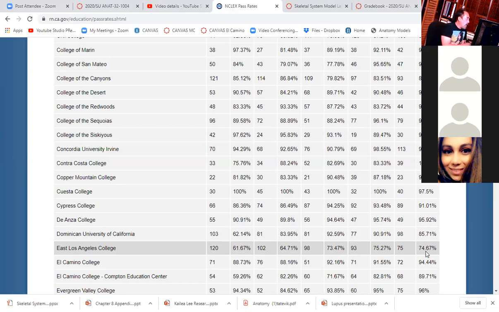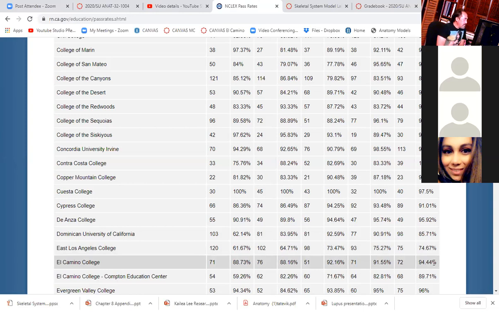I teach at West LA. I teach at Moorpark. I teach at El Camino. So take a look at El Camino. What's the passing rate? 94.44. So what does it mean when you have this passing rate in a school?